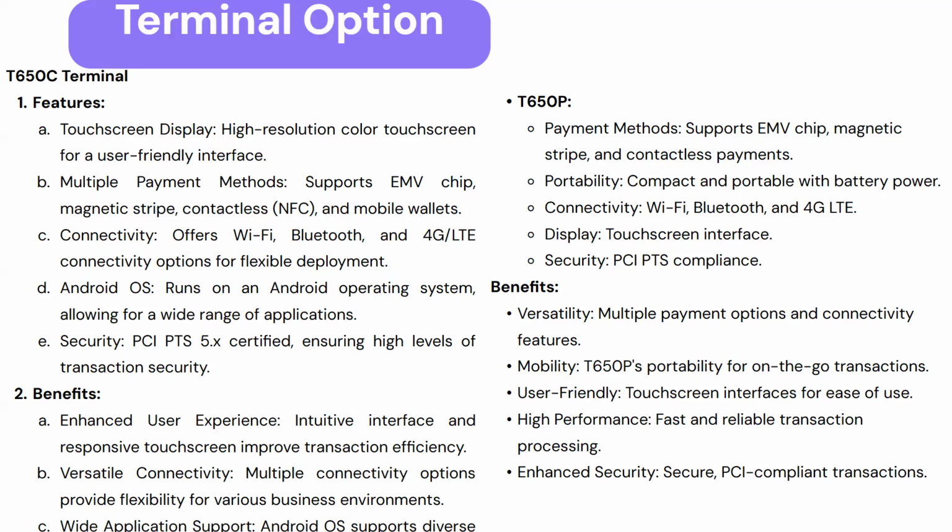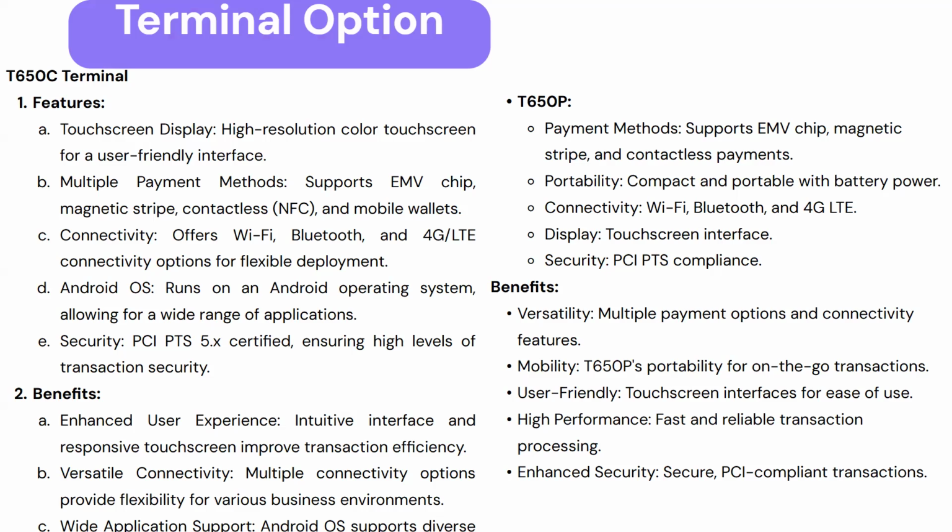Next we'll go with the T650P. For the T650P, payment methods supported are EMV chip, magnetic stripe, and contactless payments. Portability: this is compact and portable with battery power. Connectivity: this connects with Wi-Fi, Bluetooth, and 4G LTE. Display for this is a touchscreen interface.